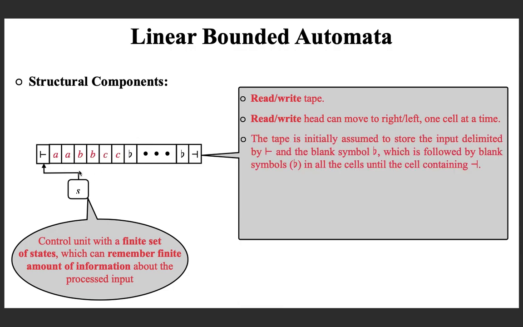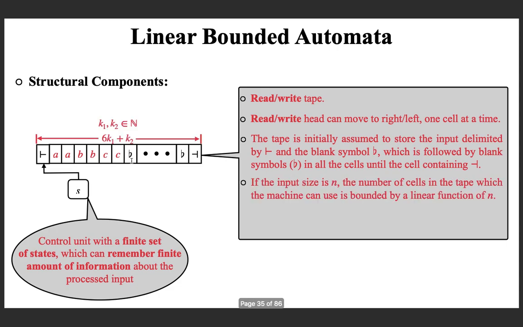Initially, what is the tape content? The input delimited on the left with the left hand marker, and on the right with a blank symbol. And the input size, suppose it is n, then the total number of cells in the tape is bounded by a linear function of n, and hence the name linear bounded automata.